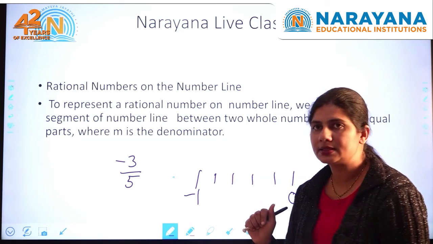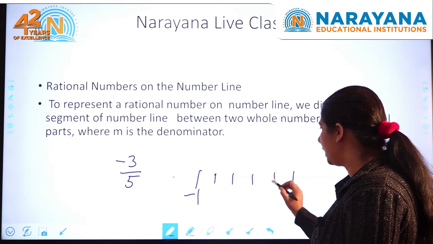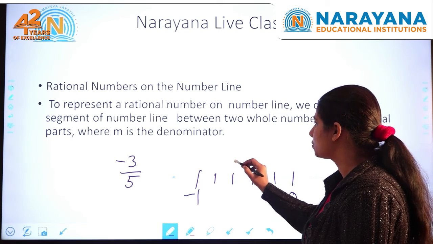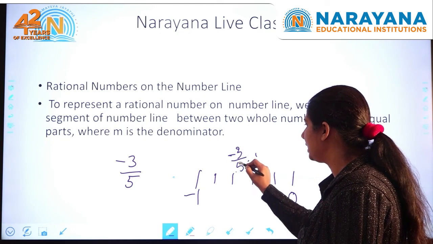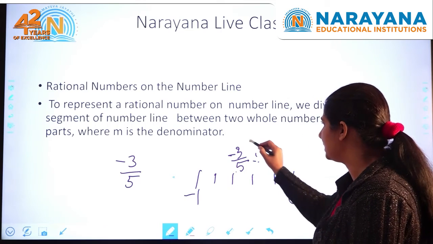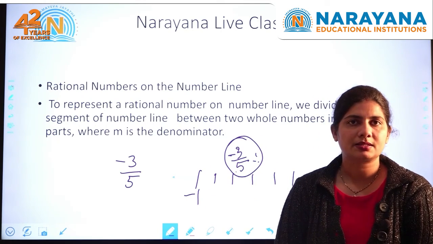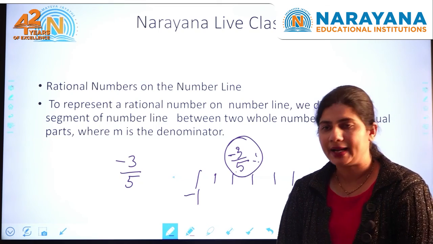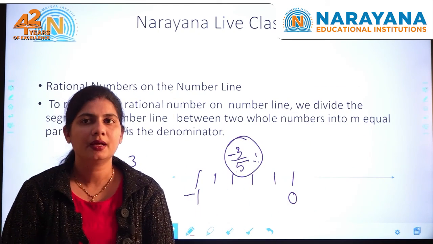Now the numerator is 3, so we have to count 3 parts. 1, 2, 3. So this is the representation of minus 3 by 5 on the number line.